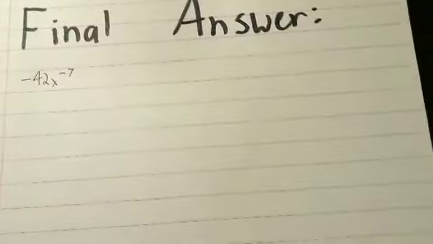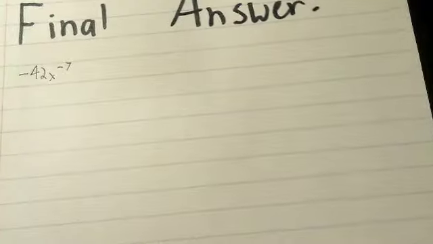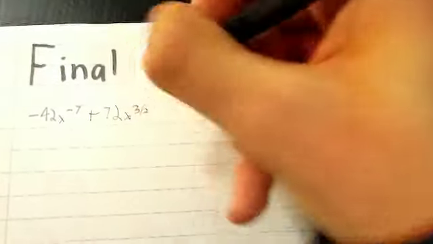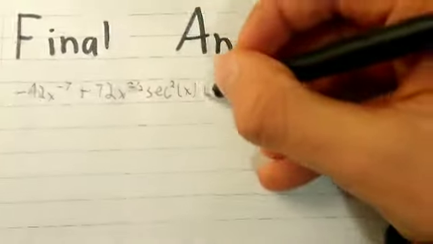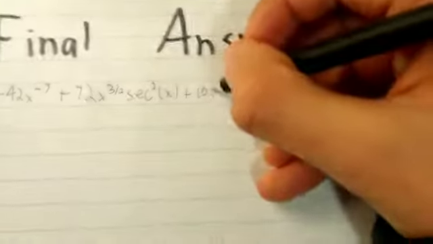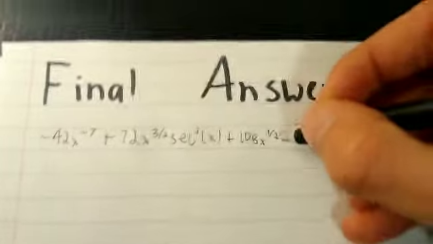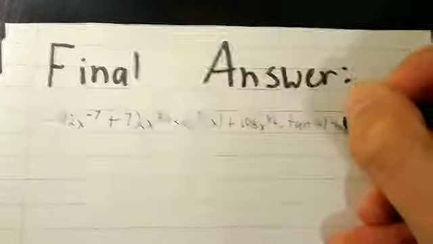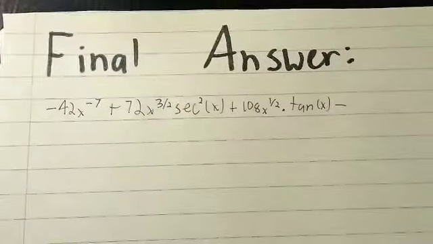Next, we have our 72x to the 3 halves times secant squared of x plus 108x to the half times tangent x.